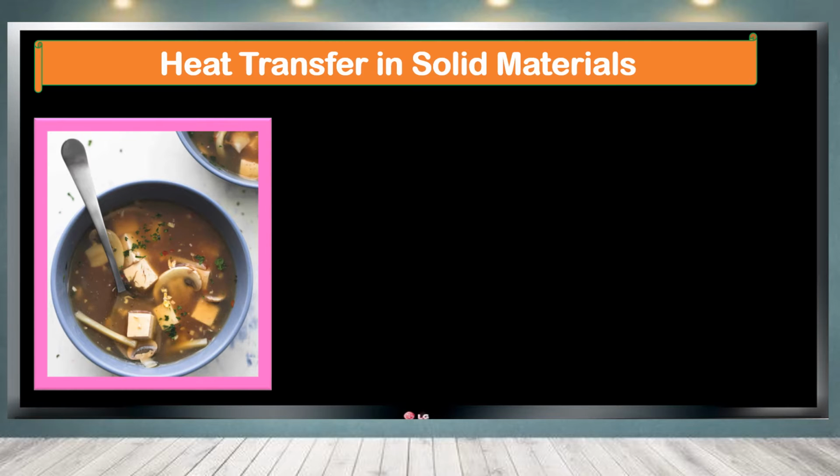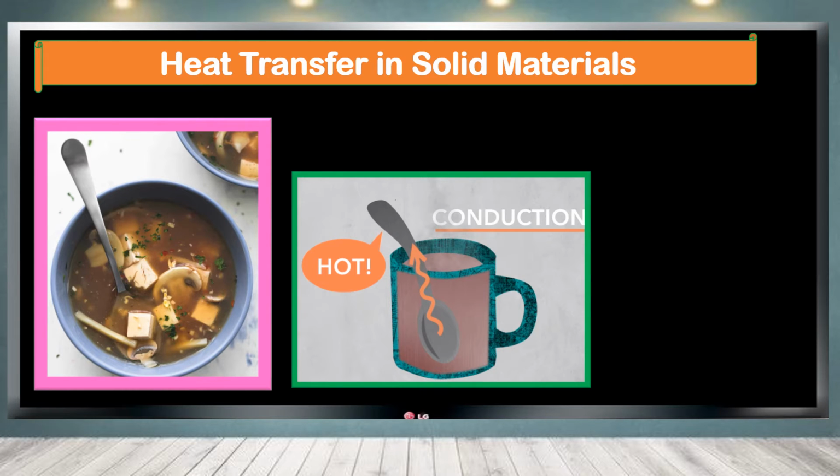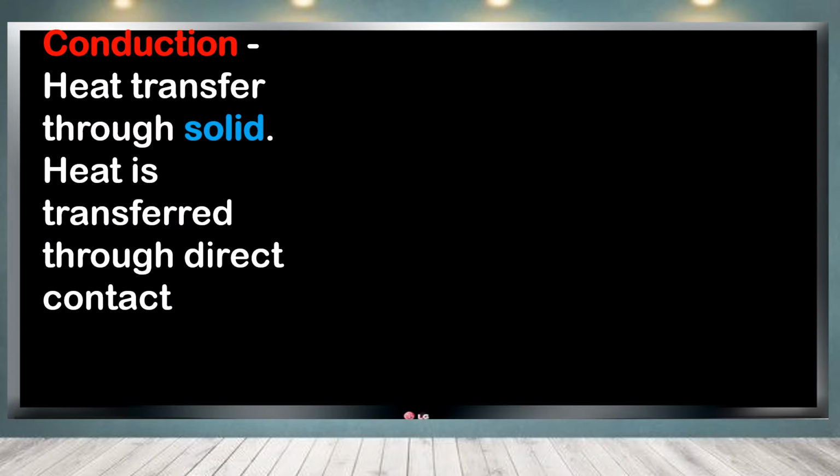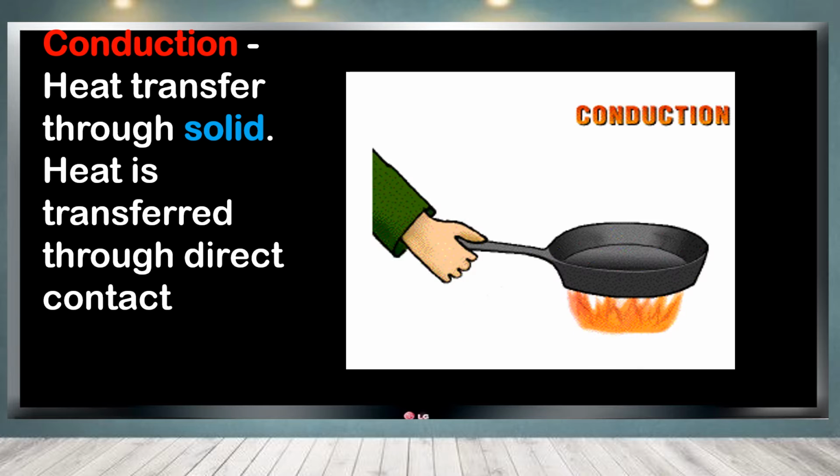Another example is the spoon dipped in hot coffee. The hotness of the coffee is transferred to the spoon. And since the spoon is a solid material, the transfer of heat to a solid material is called conduction. Remember, conduction is the heat transfer through solid, and there must be a direct contact.